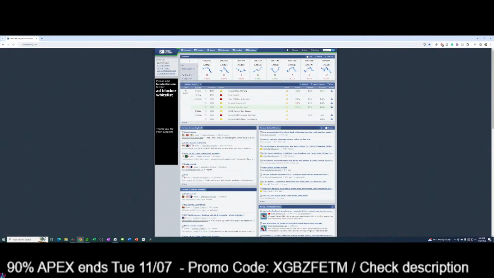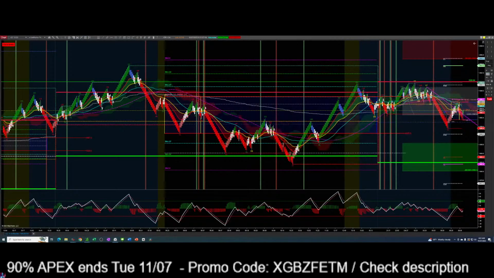So 0.3 on here. 0.3, 0.3. This one is kind of also even, and then better than expected personal spending. Okay, so yeah, spend your money, don't worry.